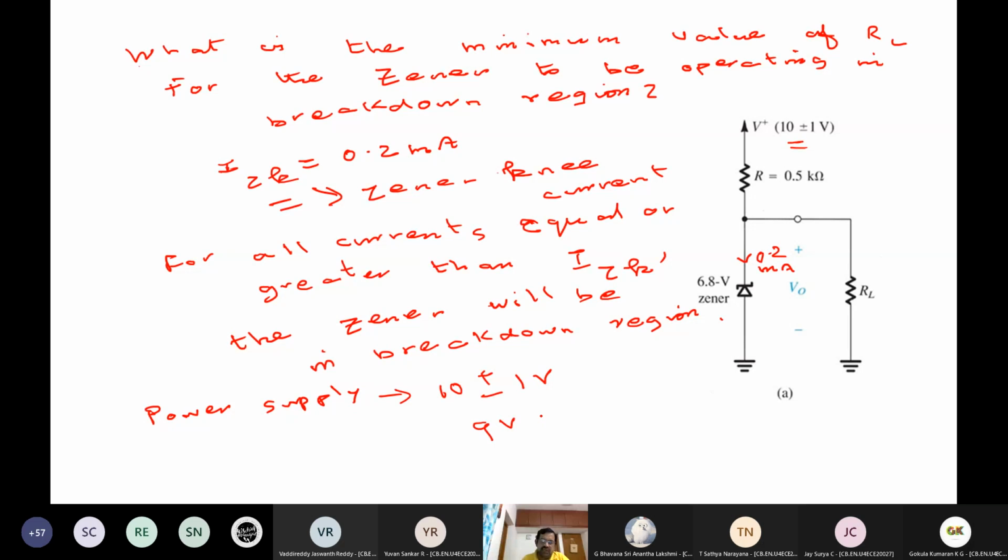So 9 volt is going to come here, and then what about this place? Here we have the 6.8, but should I take 6.8 or 6.7? The answer is again tied to the question: what is the minimum value of RL for the zener to be operating in breakdown region? If you look at these characteristics, it is going to come like this.